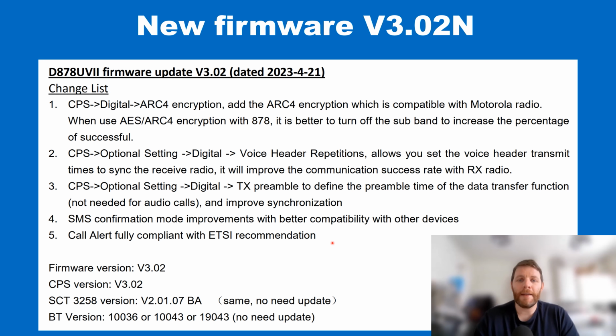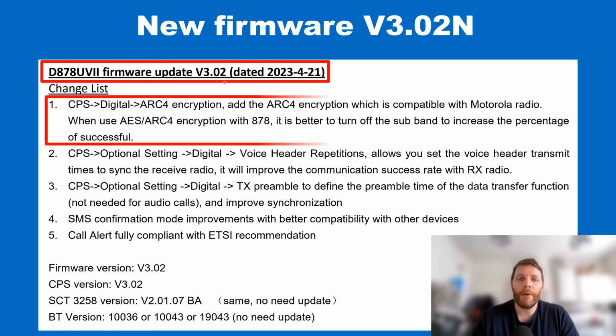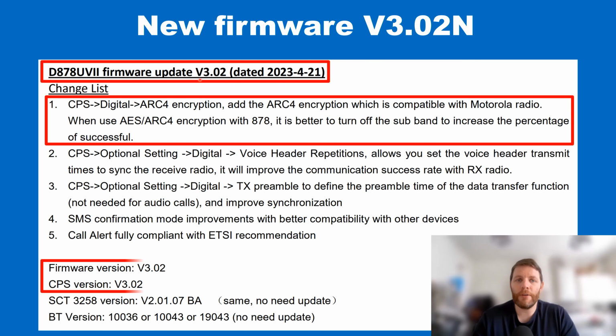Okay, let's analyze the changelog file provided with the new firmware. As we can see, the latest version is 3.02, the N is missing, which was released in April 2023. The main interesting feature is the added ARC4 encryption, which is compatible with Motorola radio.